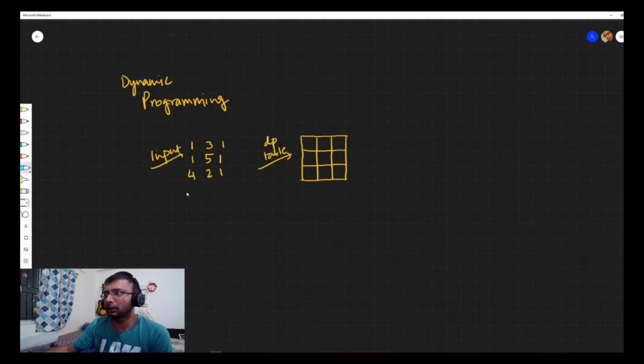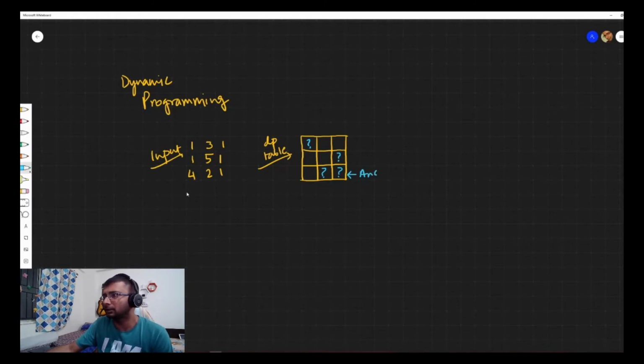So what happens when we fill up this cell over here? This cell signifies what if the matrix is of size 1 into 1. So this is my starting position, this is my ending position. Similarly, this cell signifies what if I have a matrix of size 3 by 2. This signifies 2 by 3, and all the way till here we'll have the actual cell that we are looking for.